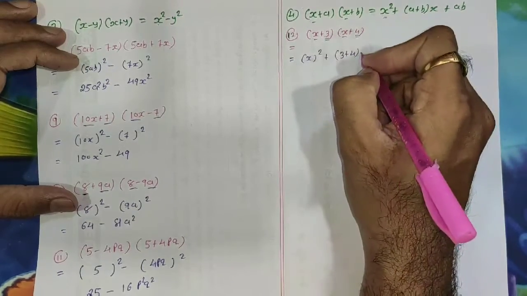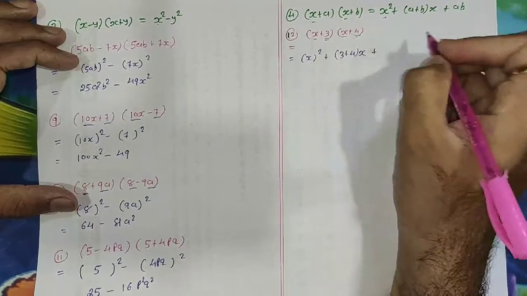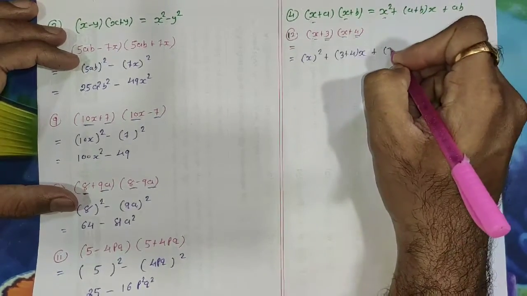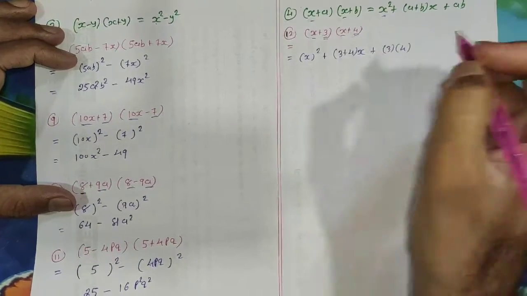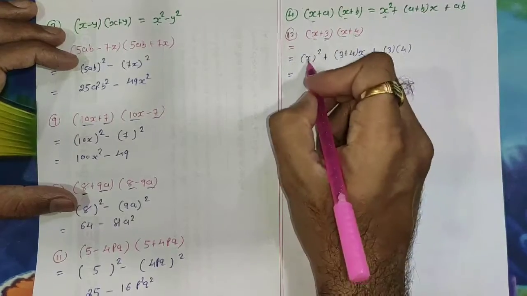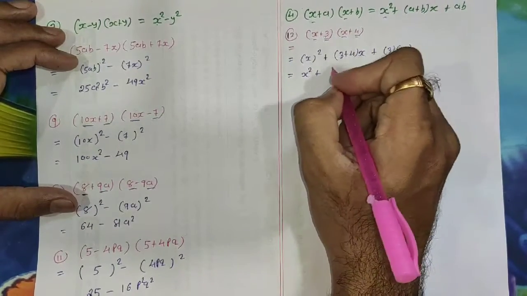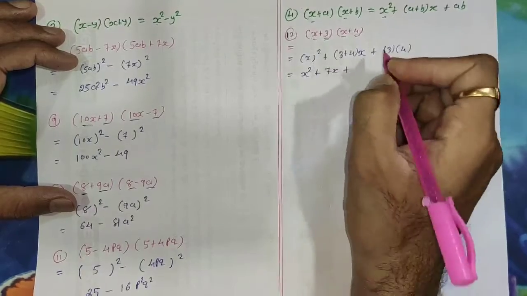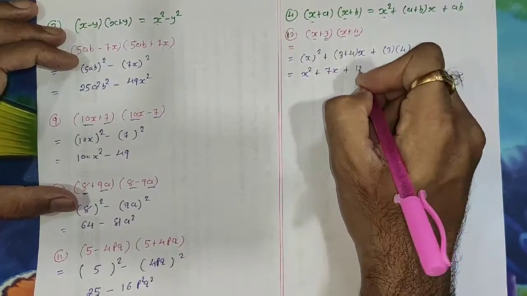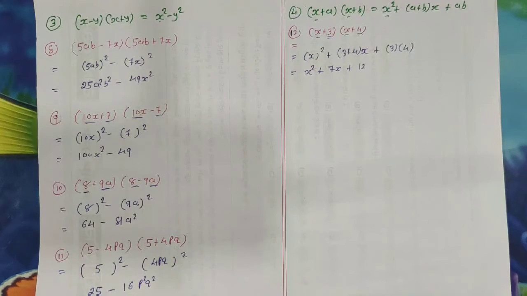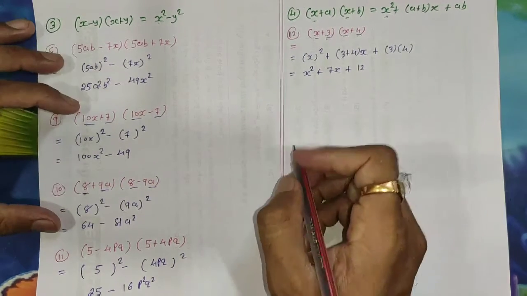The same term is x, so you multiply x, plus then you have to multiply the different terms. The different terms are 3 and 4, so multiplication of 3 and 4. Clear? So it's x square plus (3 plus 4) into x, which is 7x, plus 3 4s are 12. So this is how you can perform the expansion of sums based on the fourth identity.